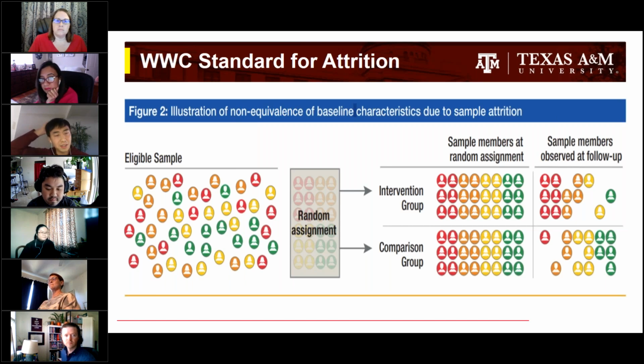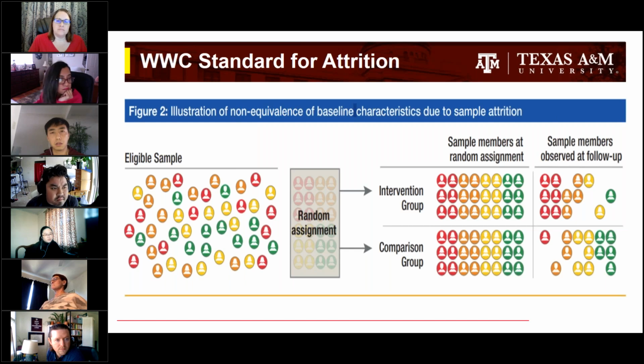Here comes another question. I'm sorry to ask too many questions. Under what circumstances do you use blocking, and under what circumstances you don't? It depends on whether you think this variable is important and will affect your intervention.